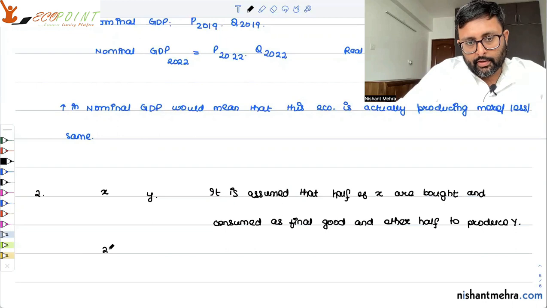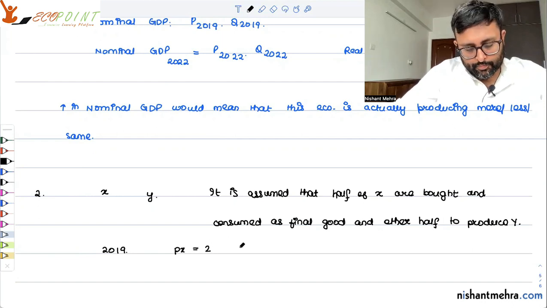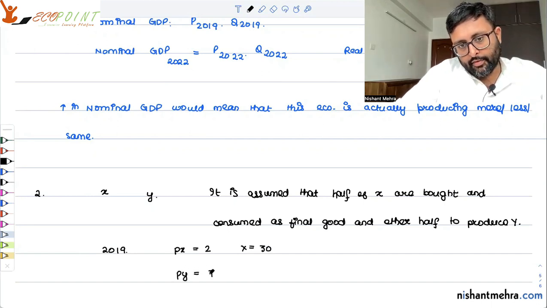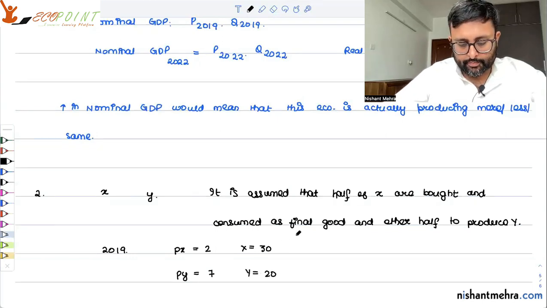तो 2 years है बेटा, 2019 है, उसमें Px is 2, X is 30, Py is 7, Y is 20.